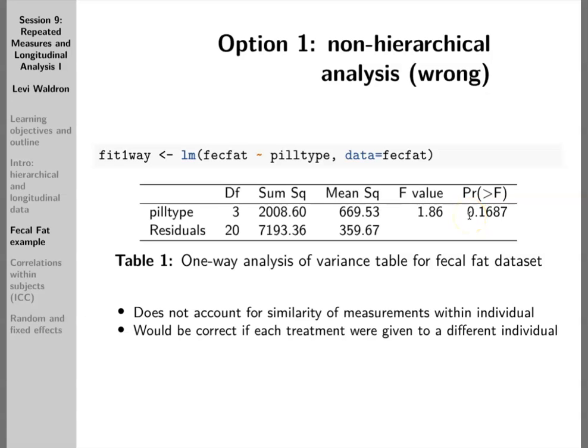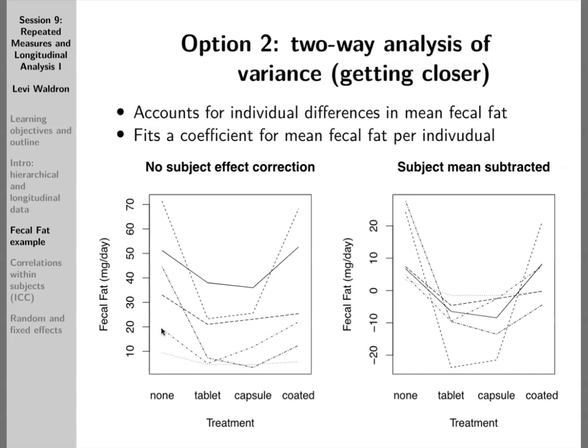The difference in means across these four groups is not significant. However, this analysis does not account for that similarity of measurements within an individual. It would only be correct if each treatment were given to a different individual. So we had 4 treatments. If each individual received only one treatment, so we had 24 different individuals in this study instead of 6, then this would be a correct analysis.